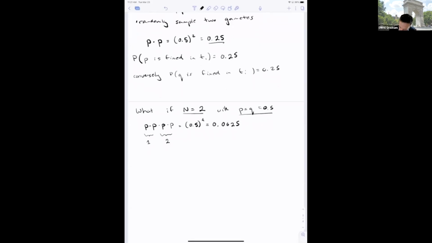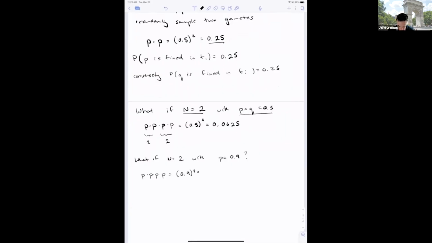So for example, what if we had n equals 2 with, in this case, P equal to 0.9, if our allele frequency was 0.9. Again, it's the same scenario that we have to generate 2 diploid individuals. Each time we're drawing from our population. In this case, we make the same calculation, but it's 0.9 to the power of 4.